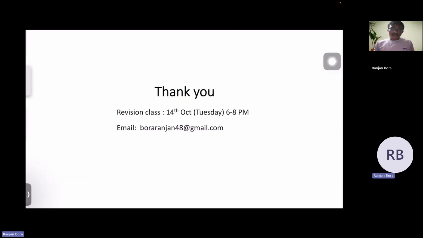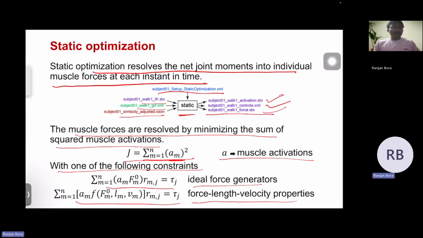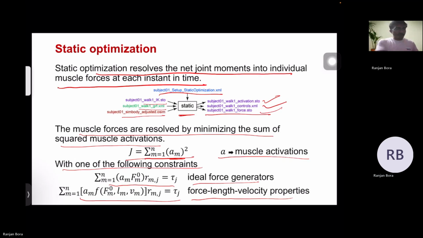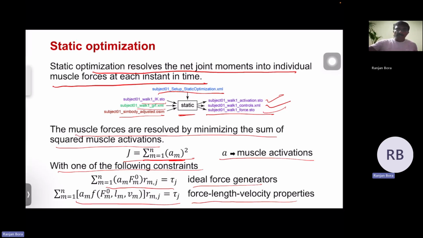So now I will give you a demonstration using the OpenSim software, how to perform inverse kinematics, inverse dynamics, and the static optimization. I will show you. First, I will share the screen.